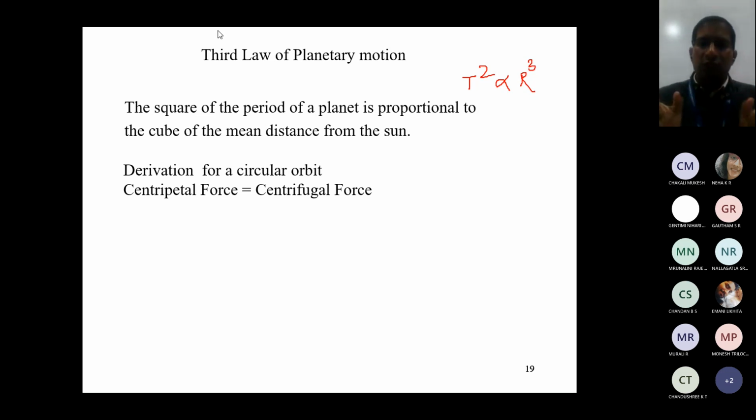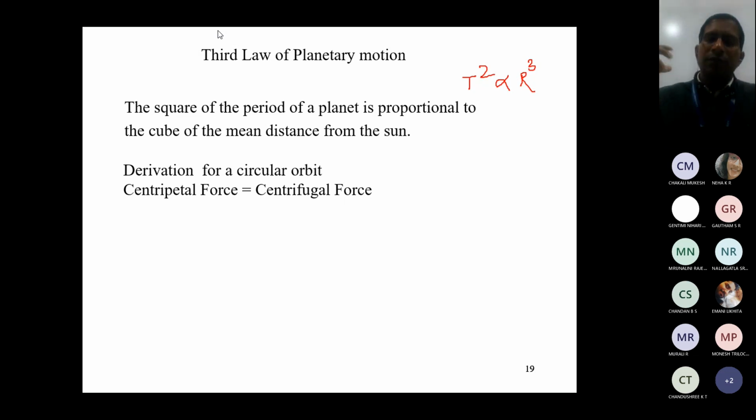One is an outward force, another is an inward force. When the two forces balance each other, only then will the stone keep on rotating as you rotate. If either force is higher, there will be some disturbance. If the outward force becomes higher than the inward force, your thread will break and the stone will go away.